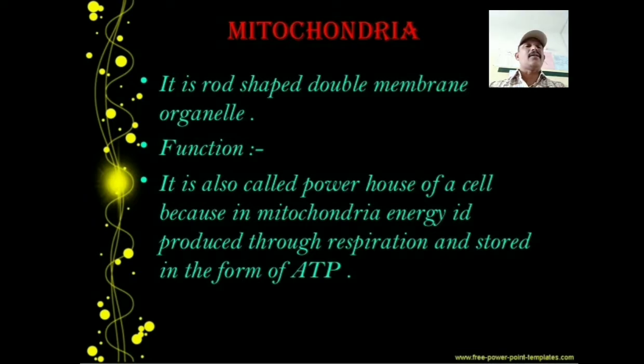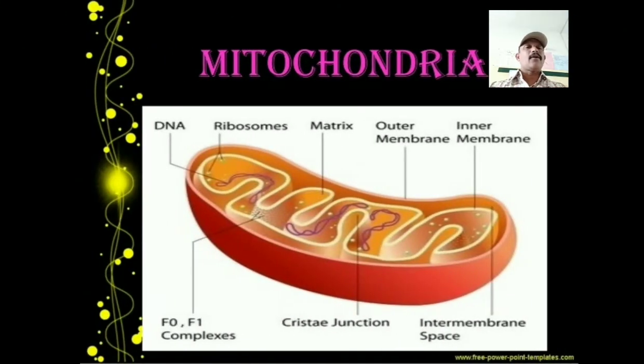Now observe the figure of the mitochondria. This mitochondria also has a double layer, as I told you: inner membrane and outer membrane, and between these membranes we can see a gap. That gap is called the intermembrane space, and next the zigzag-like foldings are called cristae, and ribosomes are there, matrix content is there, and DNA is also present in the mitochondria.